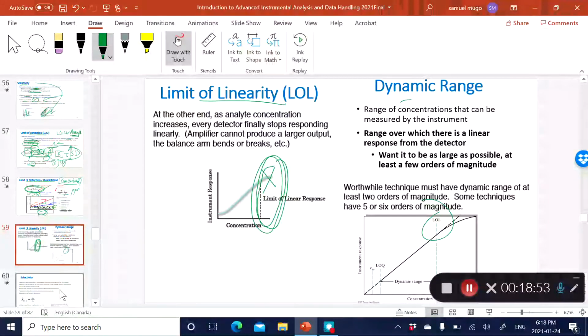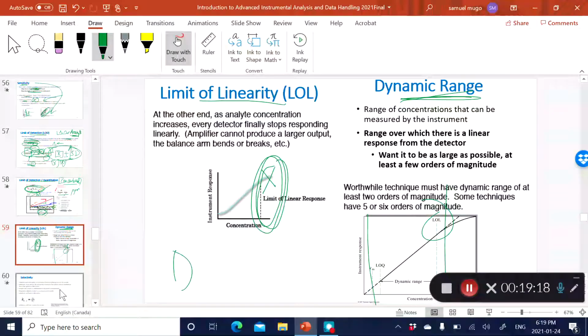Now, dynamic range, on the other hand, a very important figure of merit, refers to the range of concentration over which the instrument responds linearly. So the region of the calibration where the instrument response is linear is what you refer to as the dynamic range.